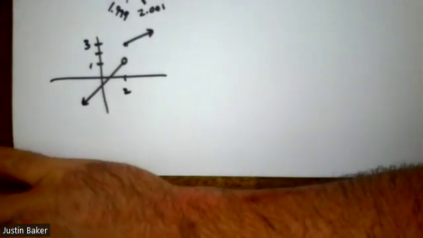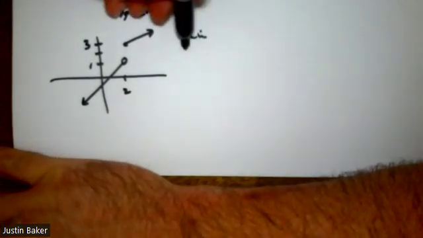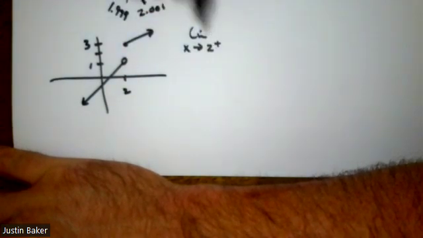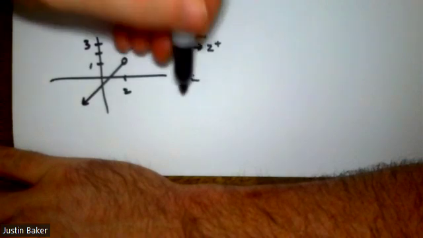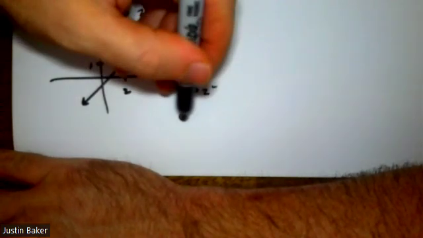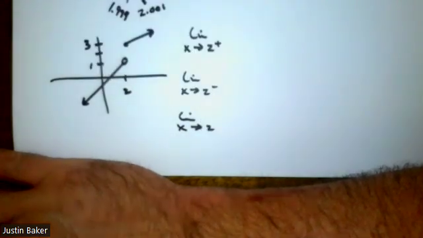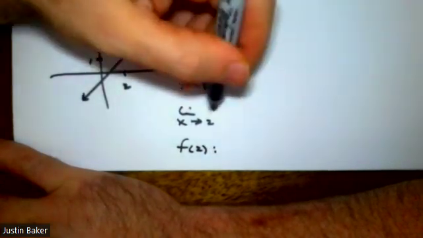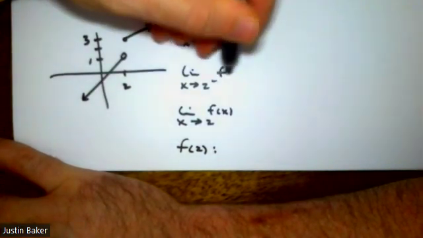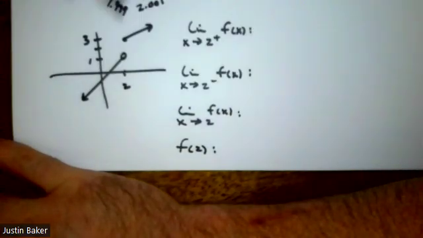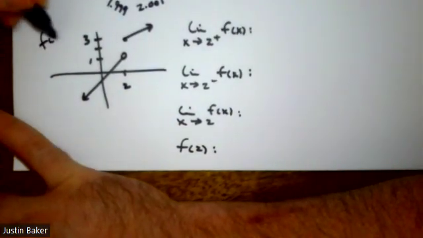Let's say that we had the limit as x approaches 2, and now we're going to introduce a symbol with a plus sign, the limit as x approaches 2 with a negative sign, and we're also going to look at f of 2. This is all for the graph given f of x. So this graph is f of x.